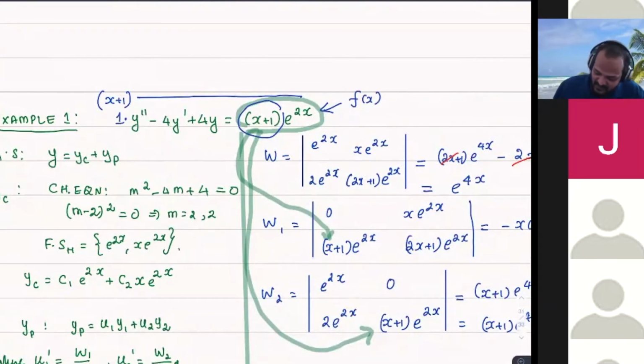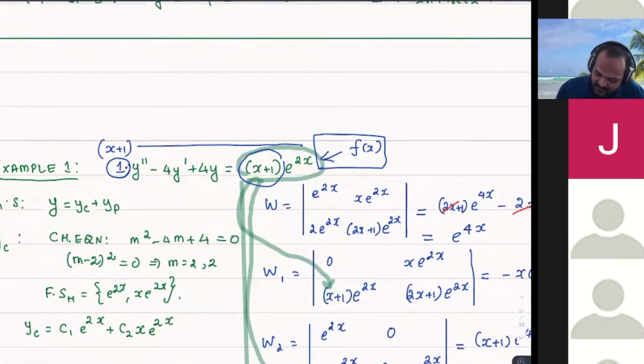You know what I mean? To identify the f of x, if there is something else in front of your y double prime, you must divide the entire equation, and then whatever you're left with on the right hand side should be set as f of x. So for example, let me quickly give an example.